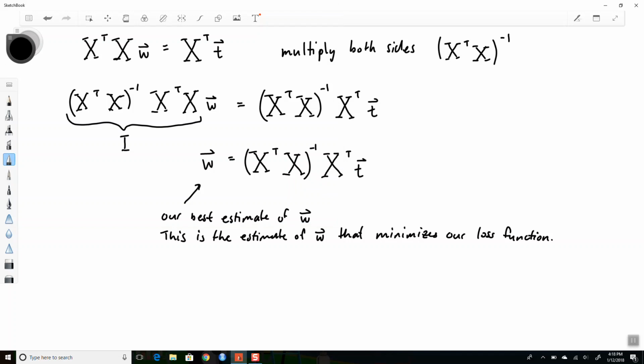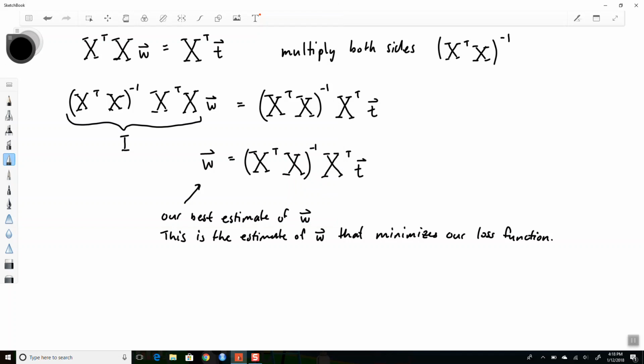All right, and the beauty of this is that because it is in matrix notation, even though we did the example where w was a vector of length 2, this can now be generalized so that w can be a vector of length 10 or 100, you know?